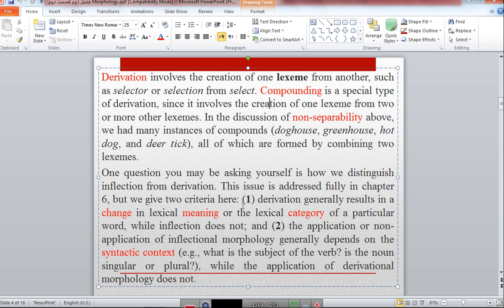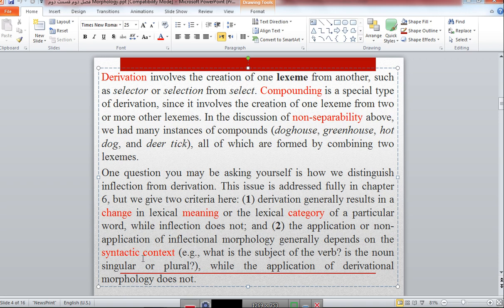So derivation changes the meaning and the category of the word, but inflection doesn't do that.